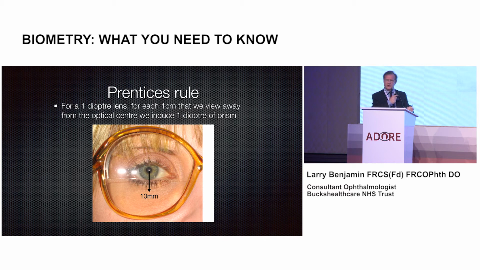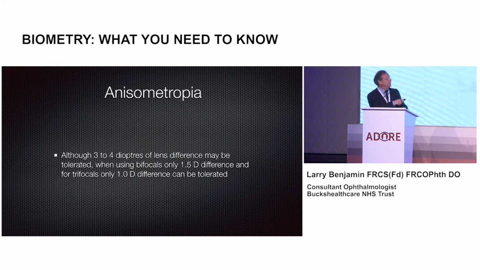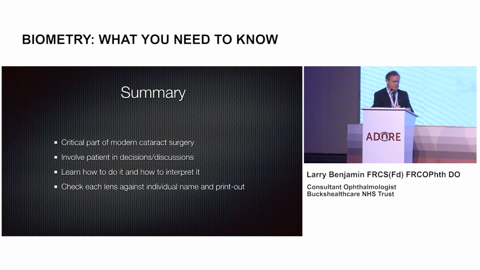Now that's important if you're using bifocals or multifocals, because it means that although most people can put up with 3 or 4 diopters difference between the eyes in terms of their focusing, if you're using bifocals, they can only put up with 1.5 diopters of difference between the eyes, and if you're using trifocals, only 1 diopter of difference between the eyes, because of Prentice's rule. So it's really important to remember that and to make sure that the eyes are as equal as they can be if the patient requires glasses afterwards.